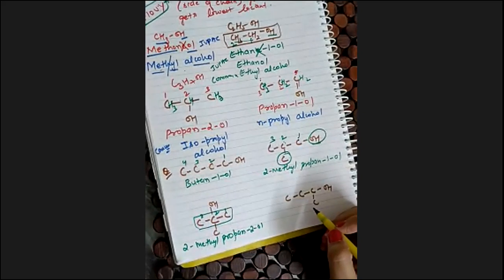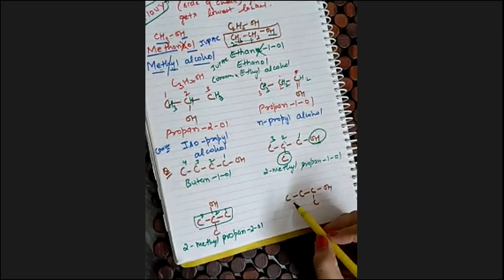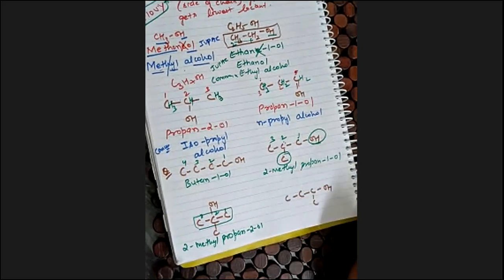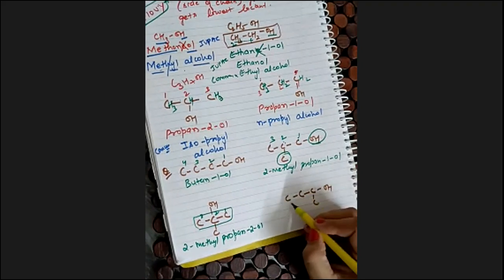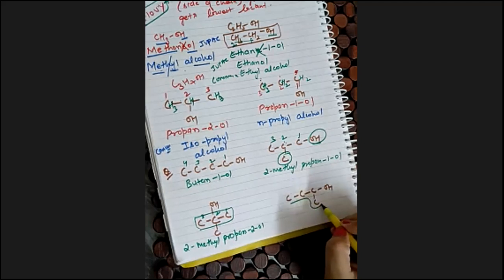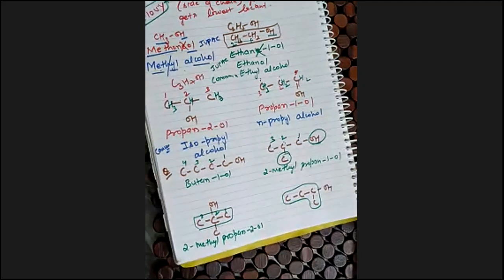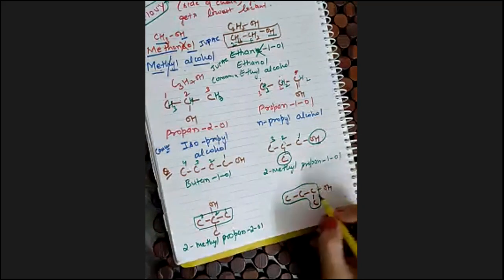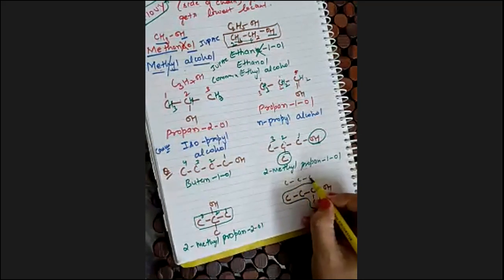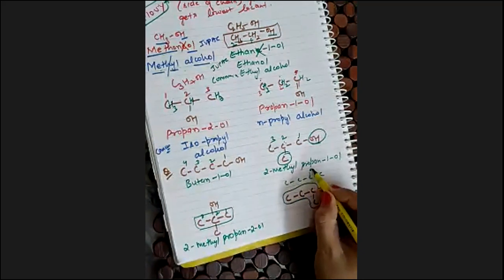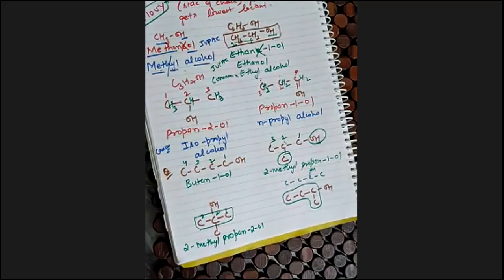To find out the longest chain, we have to start from one carbon and end at another carbon. So if we want, this will be a longest chain, because your longest chain can be anything. This will be a substituent. If we write it straight instead of like this, it doesn't make any difference. This is to create confusion.